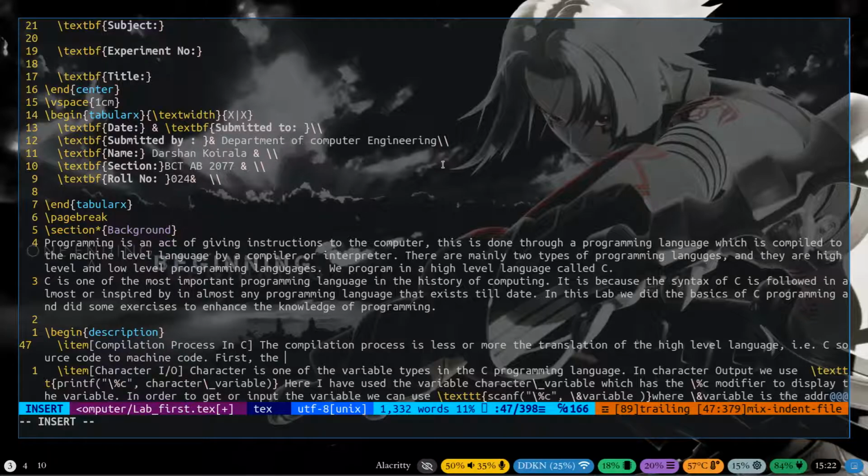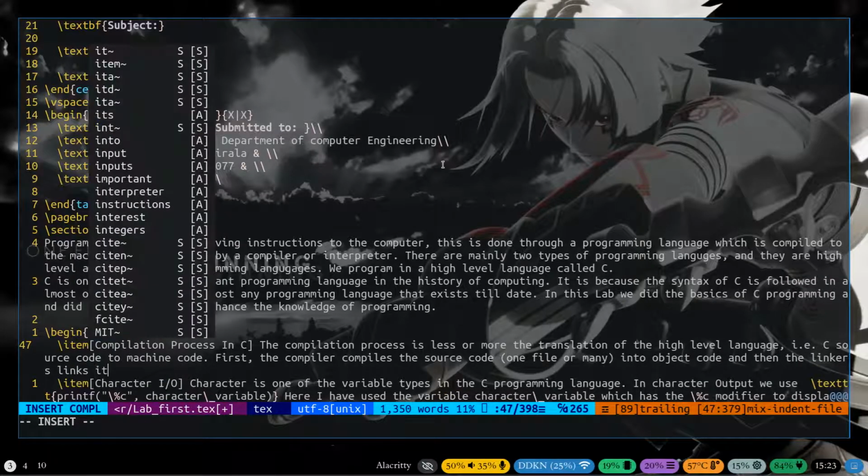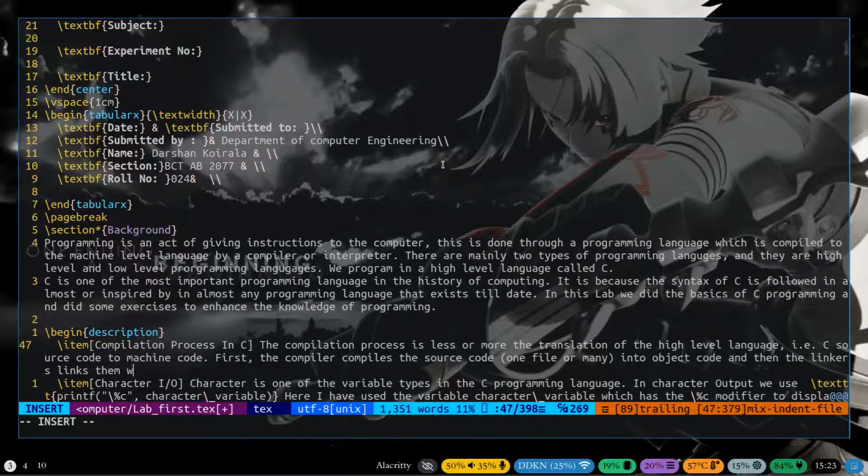First, the compiler compiles the source code, one file or many, into object code, and then the linker links them, which will make the final executable binary for the program.